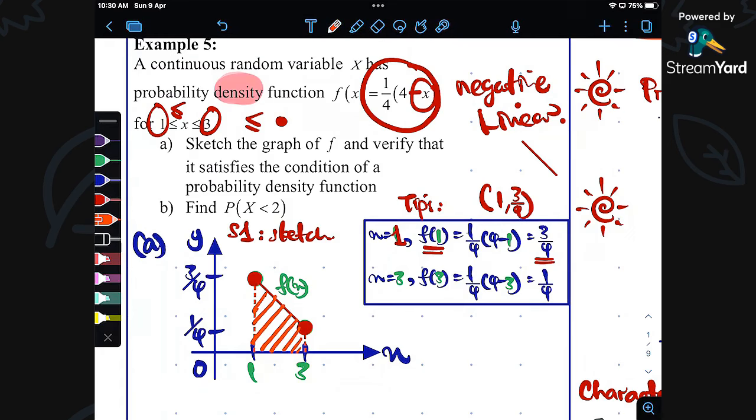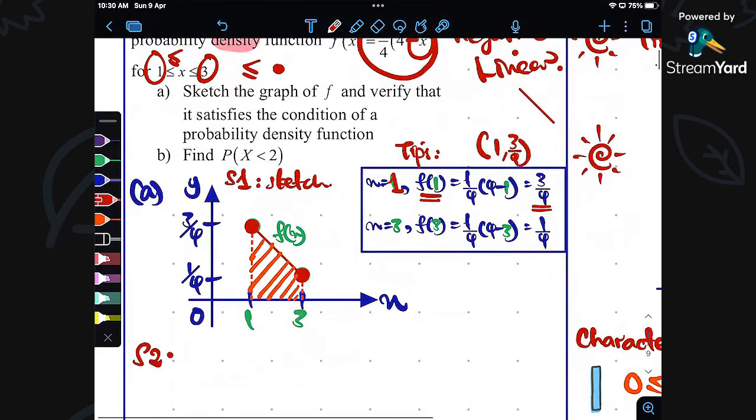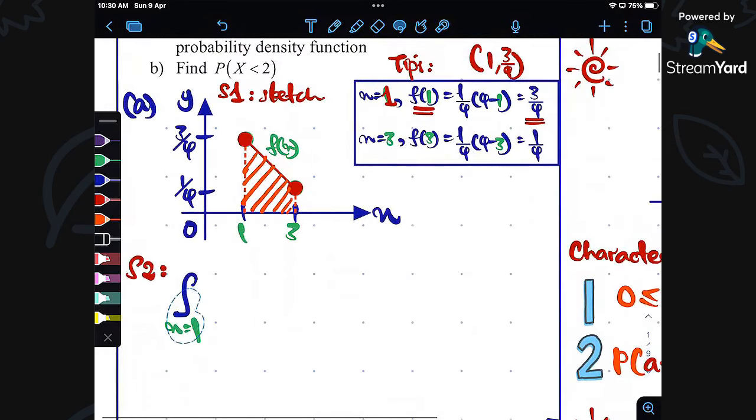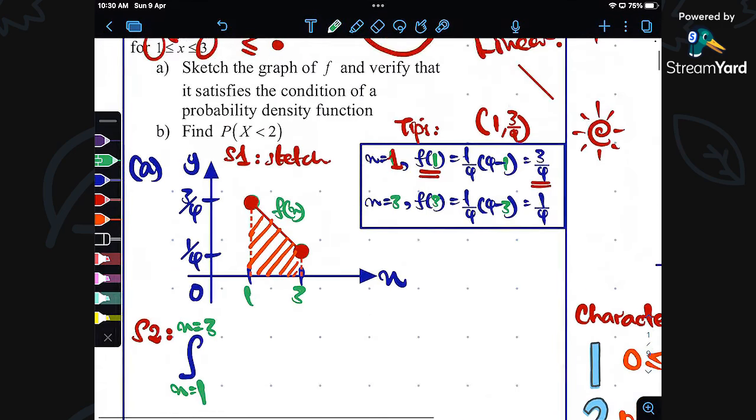All right, and then here goes the next step. So the next step is finding the integration. Finding the integration from the limit x equals to 1, until the limit of x equals to 3, right?